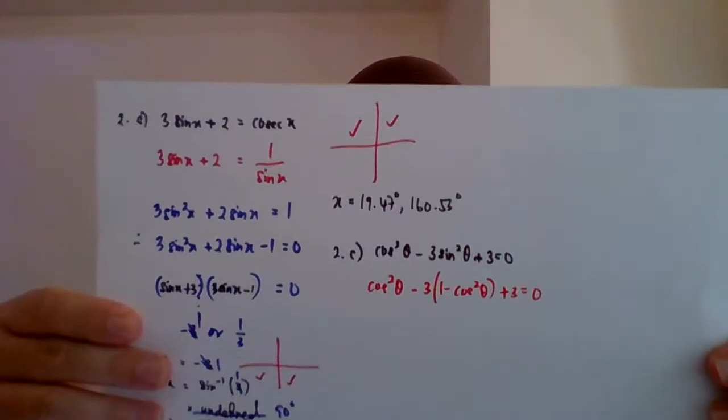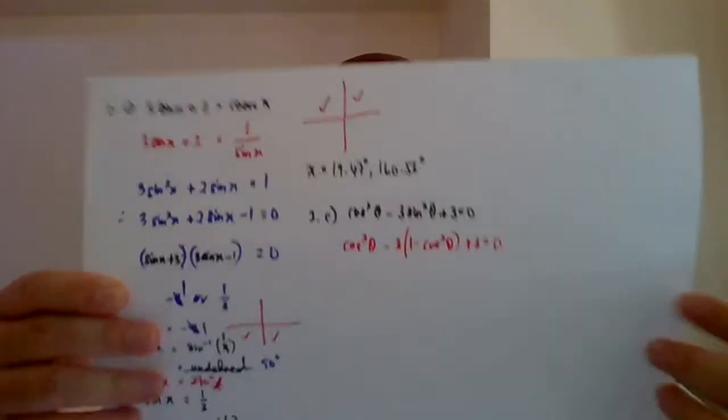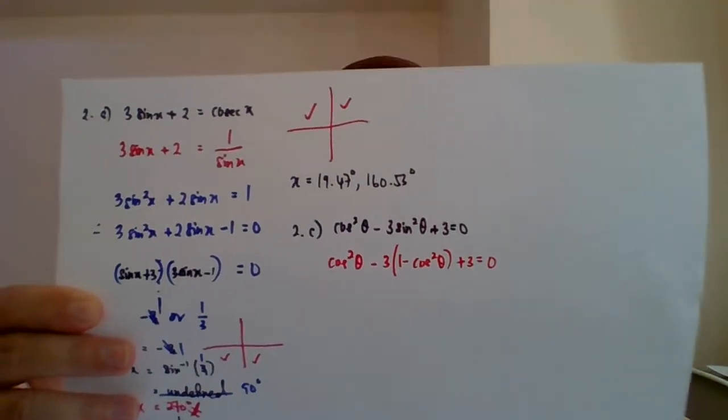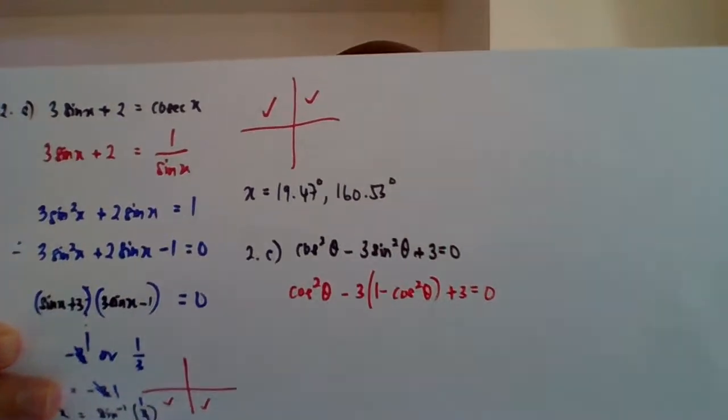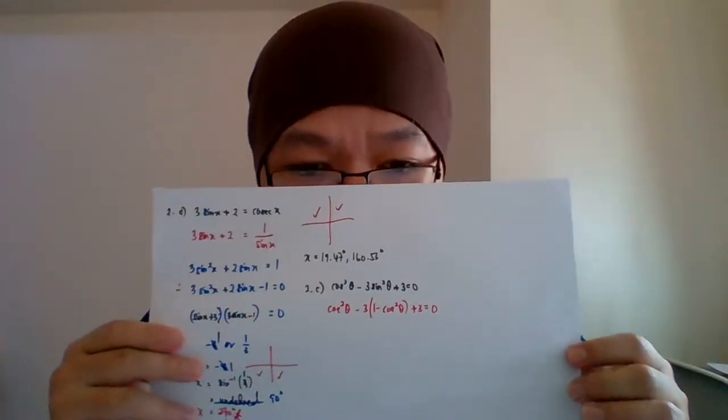So cos squared theta minus 3 bracket 1 minus cos squared theta bracket plus 3 equals to 0. Okay guys, this is what we are supposed to get. So faham, 3 sin squared theta actually equals to 3 bracket 1 minus cos squared theta. Okay, that is your number 1.